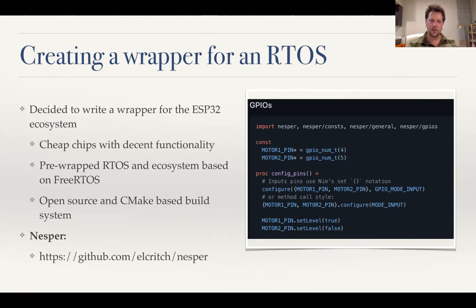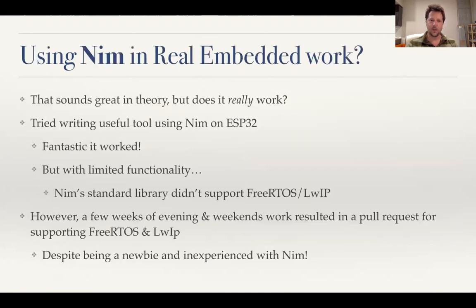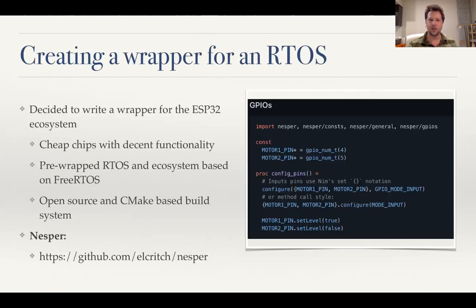And the ESP32 chips do provide a lot of functionality. So I figured it'd be a good place to start wrapping an RTOS with. And again, with the previous FreeRTOS and LWIP, it was actually pretty easy to begin wrapping the core APIs in the ESP-IDF system.